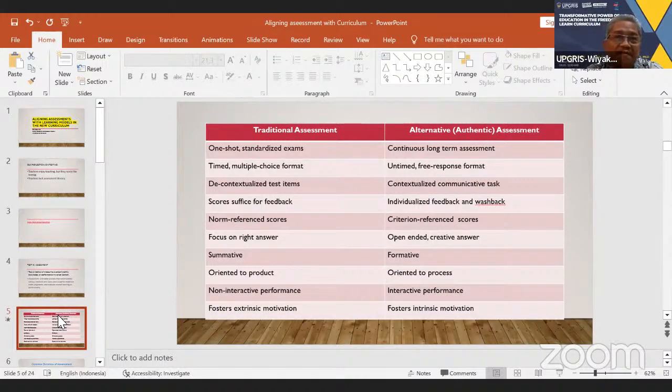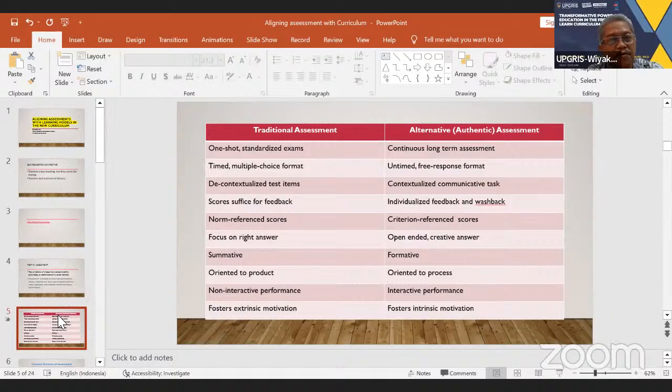But it is different in alternative or authentic assessment, because students' achievement is not only indicated by scores in the form of numbers.